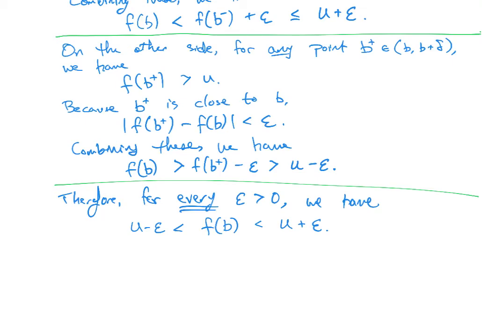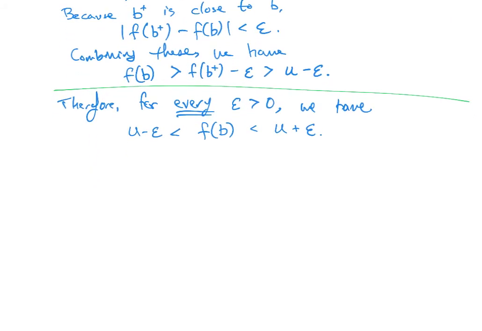Now, how can that be true for every epsilon? F of b is u. Yeah, there's only one way that can be true. F of b has to be equal to u. And that is exactly what we wanted to prove, right?